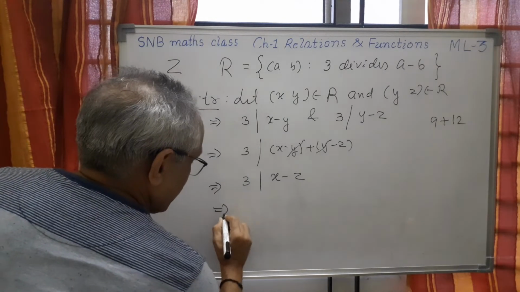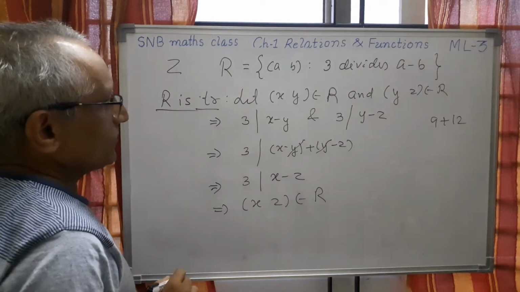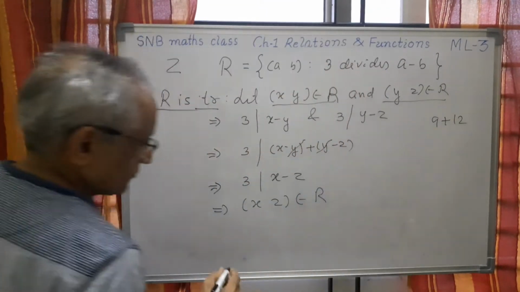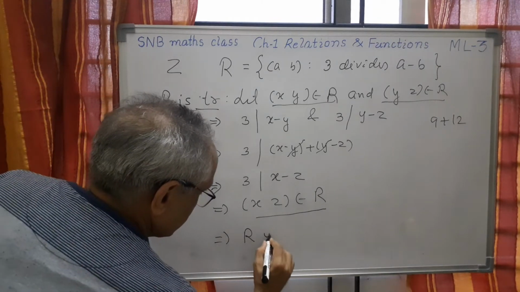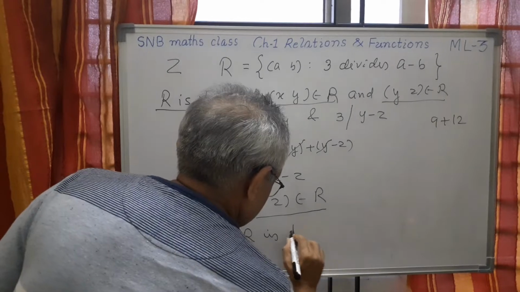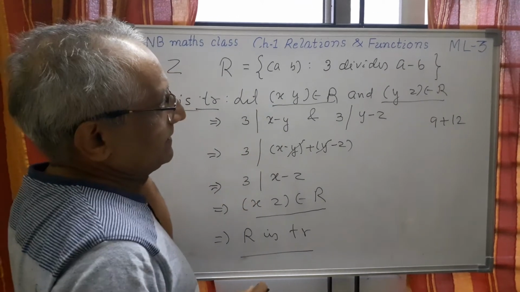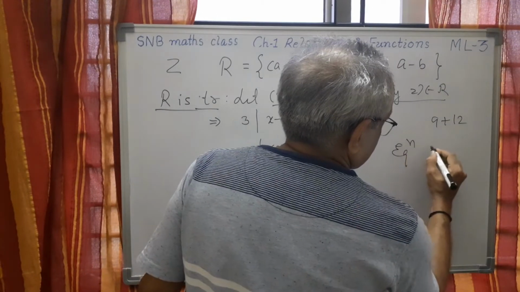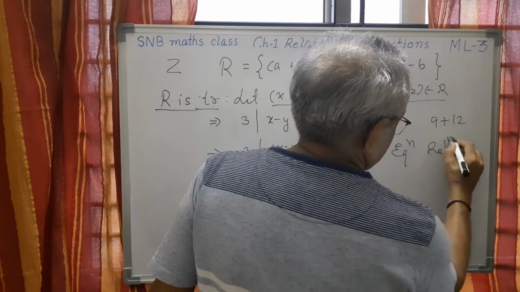So this implies (x, z) belongs to R. So (x, y) belongs to R and (y, z) belongs to R implies (x, z) belongs to R. So R is transitive. Thus it is reflexive, symmetric and transitive. Therefore, it is an equivalence relation. So this is what we established.